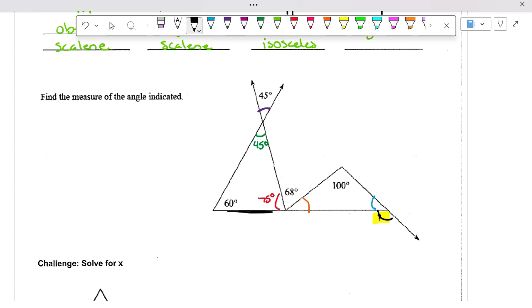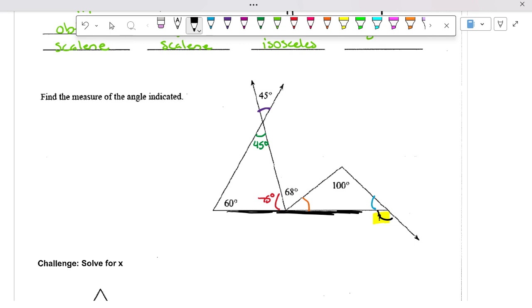So remember, the next angle you're going to want to find is the orange. All three of those angles are on a straight line, or a straight angle, if you want to go about it that way. What do we know a straight angle adds up to? 180. So can it not be said that all three of those angles will add to 180? Yes. So how would I find the orange angle?